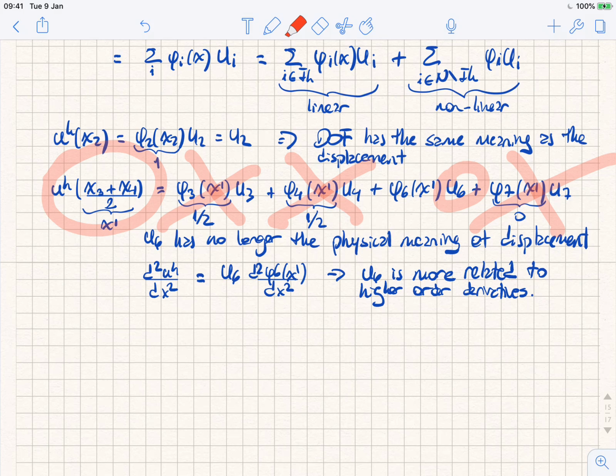So in order to get the displacement at that location, you have to evaluate the whole expression, which is what we said earlier in the discussion. So what I'm trying to say is that if you look at h-FEM, we all know that the degree of freedom at a node is immediately associated to the displacement of that node. That property in p-FEM is lost and is kept only where?